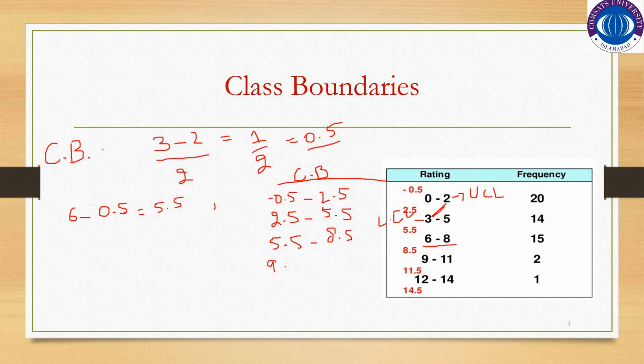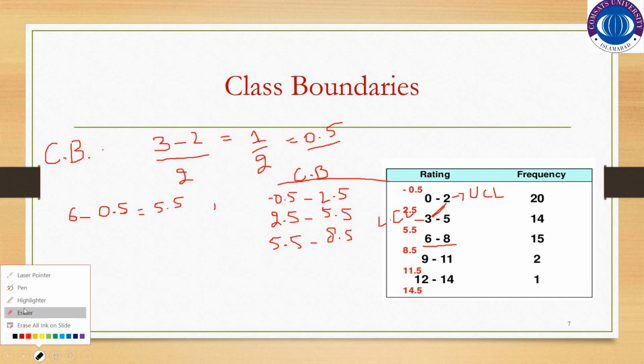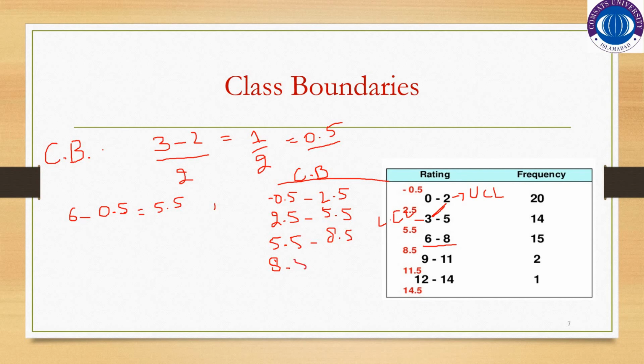For the next class, we have to subtract 0.5 from the lower limit. So when we subtract 0.5 from 9, we will have 8.5, and 8.5 to 11.5.